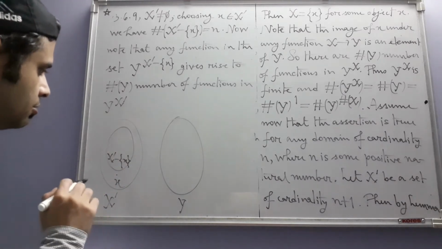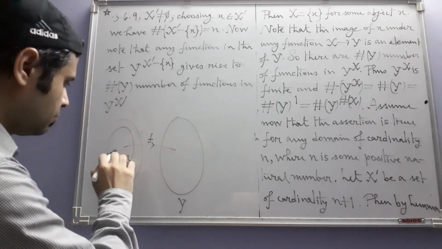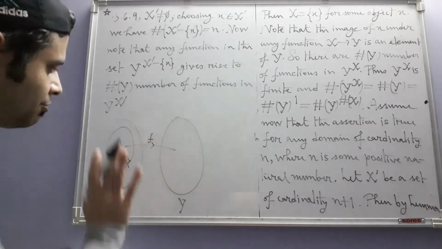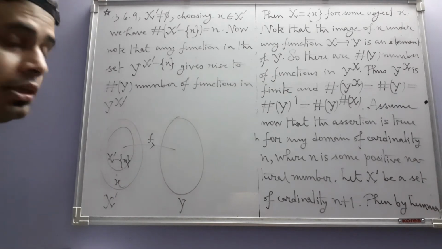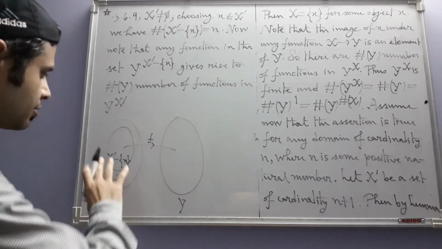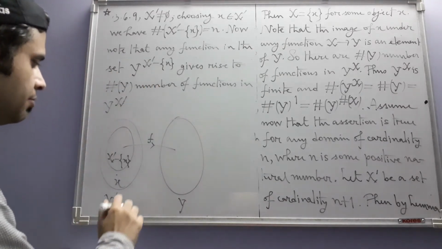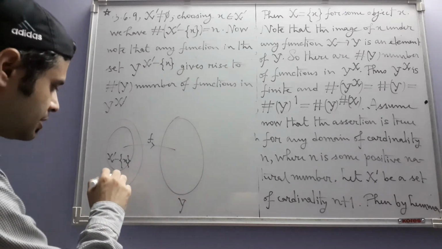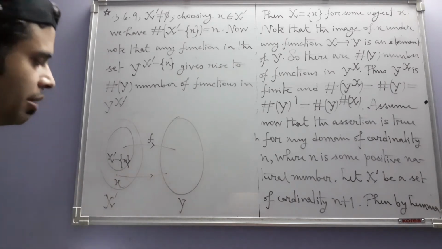Now you choose any function from this subset to y, some function, you choose it and fix it. Now this function can be extended or can be used to give rise to a function whose domain is this entire x prime and range of course is y. How? By deciding what the image of this new element x will be.